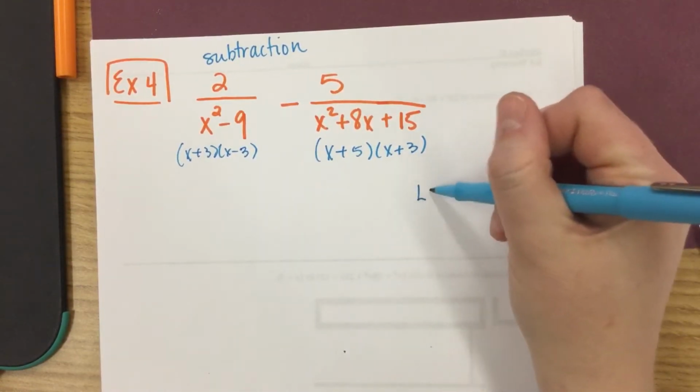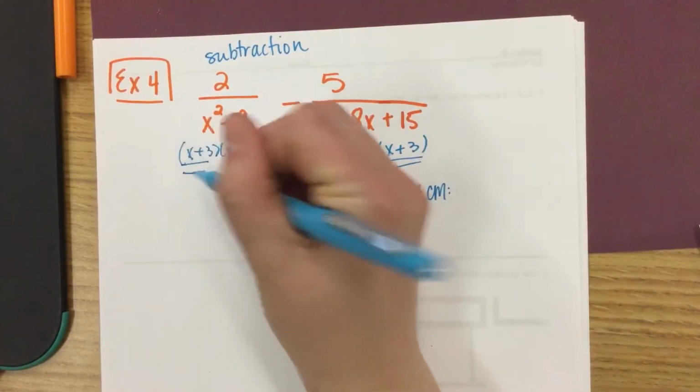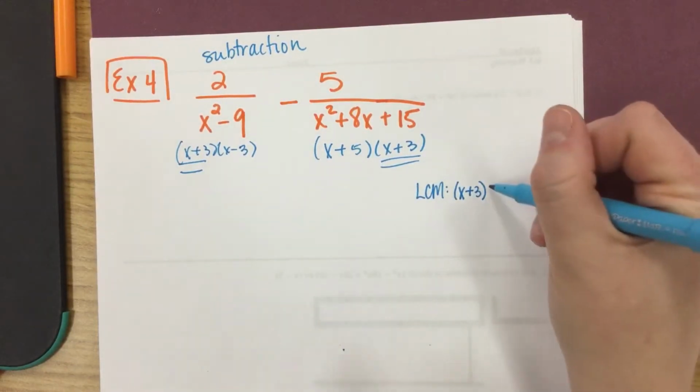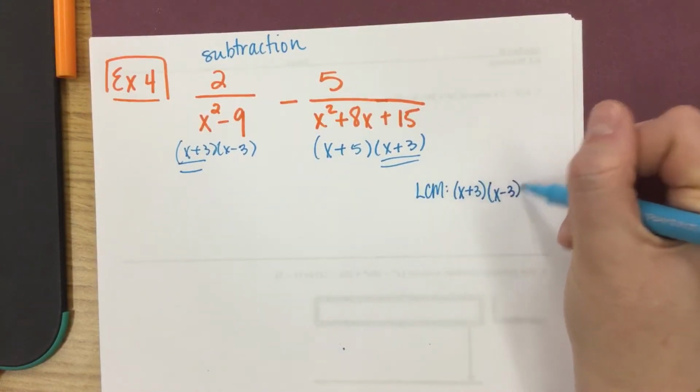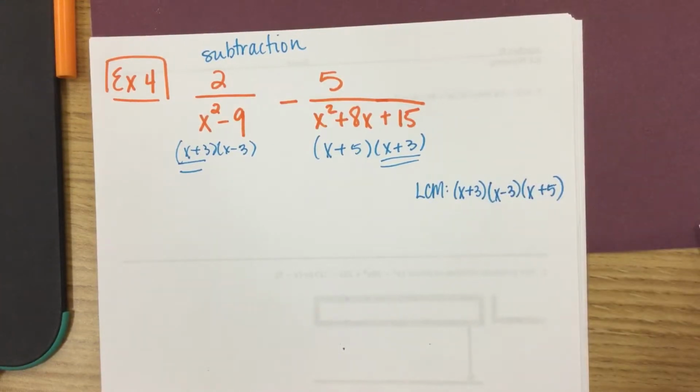Okay, so for my LCM, I can see that I have an x plus 3 that is shared, so that will go in one time. And then my leftover factors are x minus 3 and x plus 5.